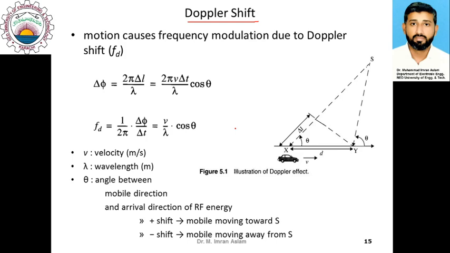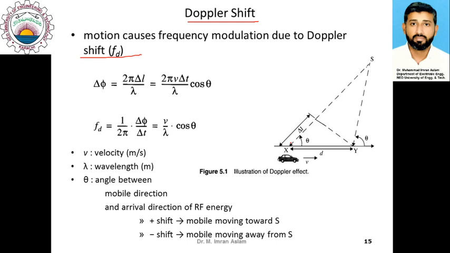The same phenomena happens in the mobile channels, because mobile signals are also associated with certain type of movements, and those movements are associated with Doppler shifts as well. So whenever a mobile equipment is in motion, it will cause some deviation in the frequency, which is represented with the Doppler shift delta FD.